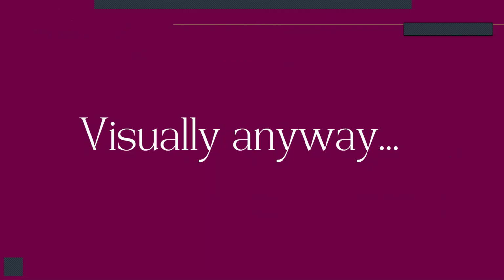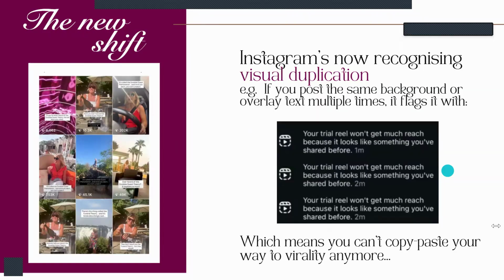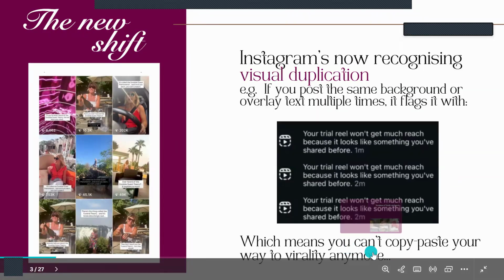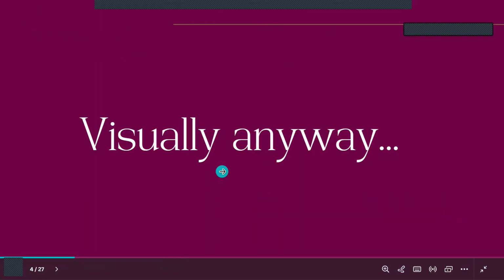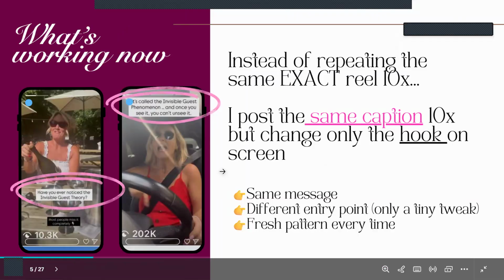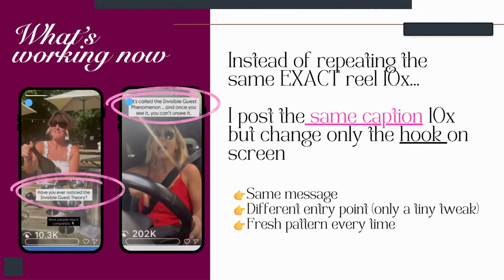Okay, so they said you can't copy and paste your way to virality anymore. You can still do that. You just can't do it in the visual way that we were doing it before. However, what is working now, instead of repeating the exact same reel 10, 20 times, the thing that we keep the same is the principle.